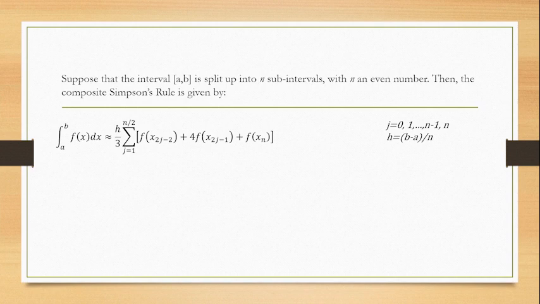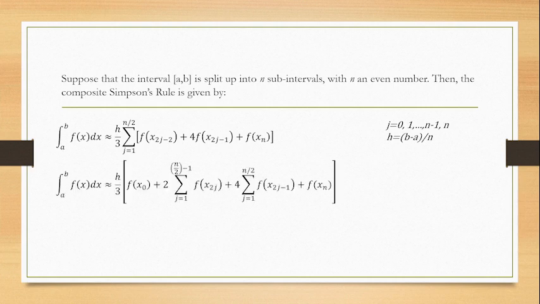The value of j is from 0, 1, and up to n minus 1 and n, with h equal to b minus a all over n; in particular, x sub 0 equals a and x sub n equals b.